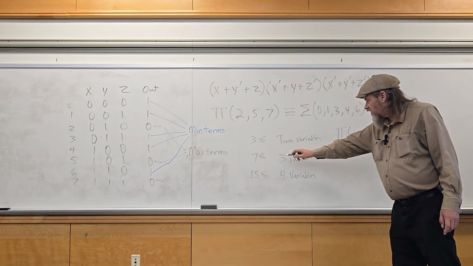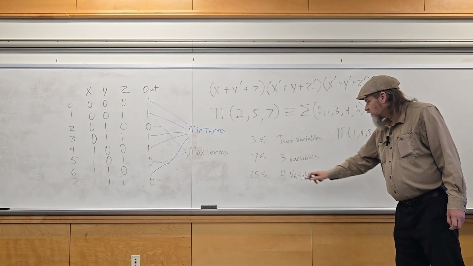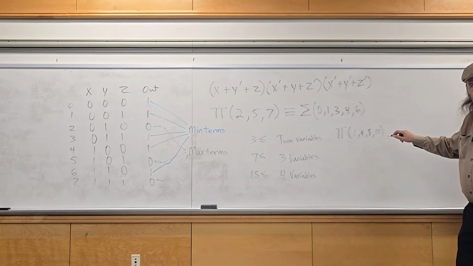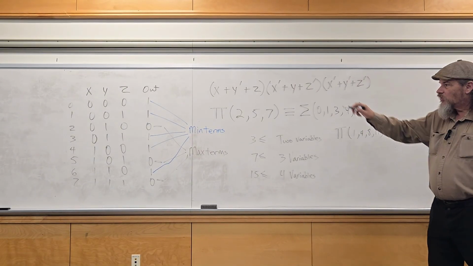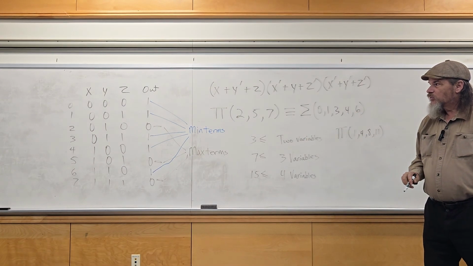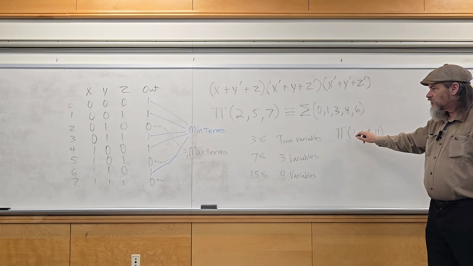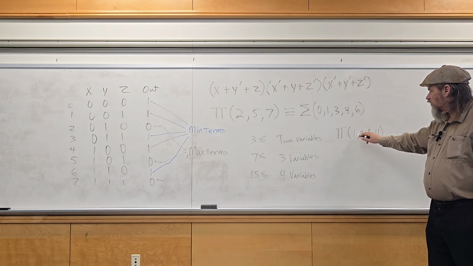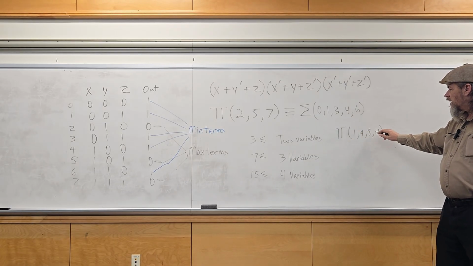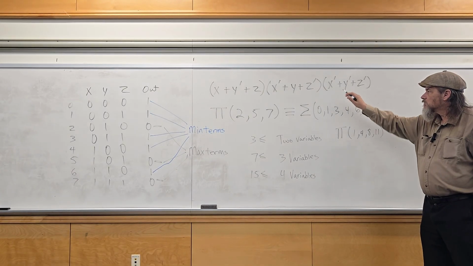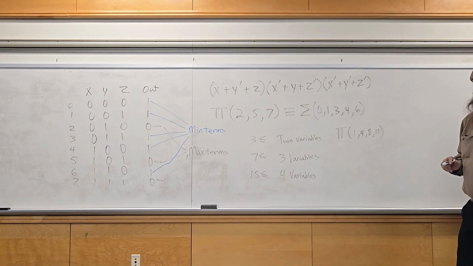It's greater than 7, but less than or equal to 15. So this would be 4 variables. And you would write out a state table with 4 variables. In the max term location, you would put zeros in the 1, 4, 8, and 11 row and construct your product of sums expression from that.